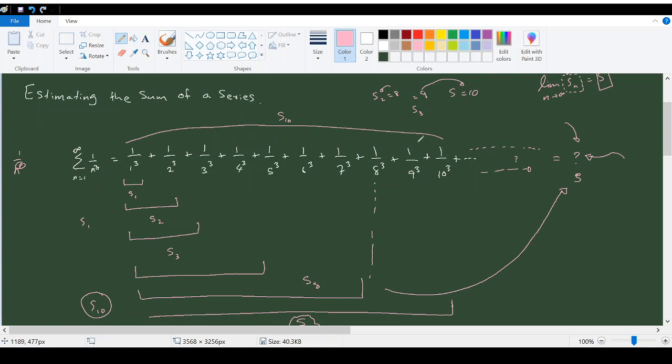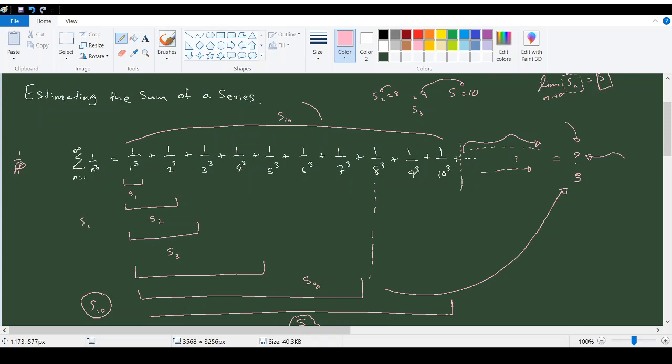According to this expansion, the difference is the addition of all these infinite terms starting from here.